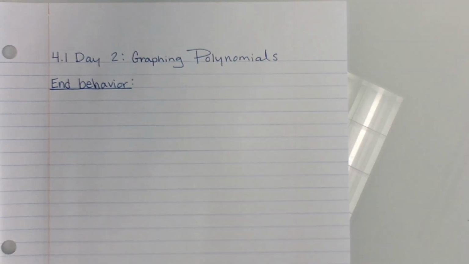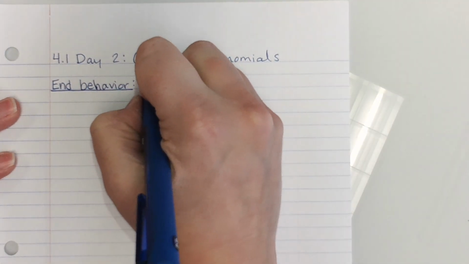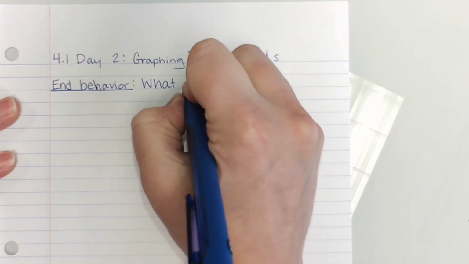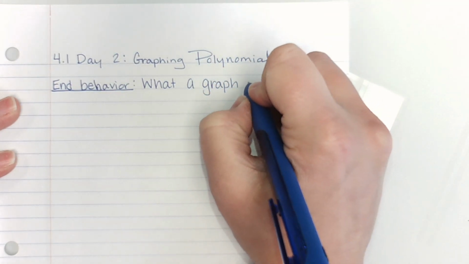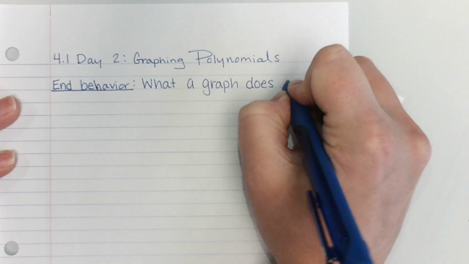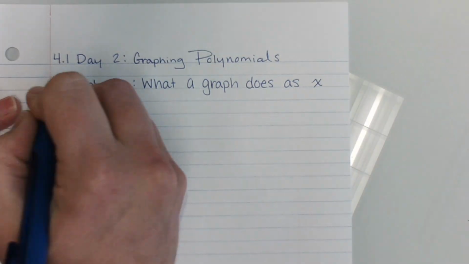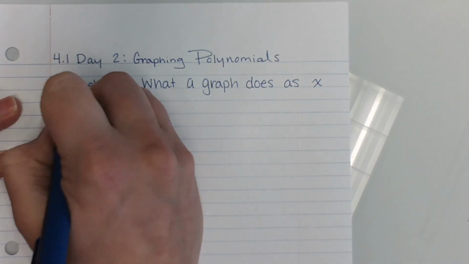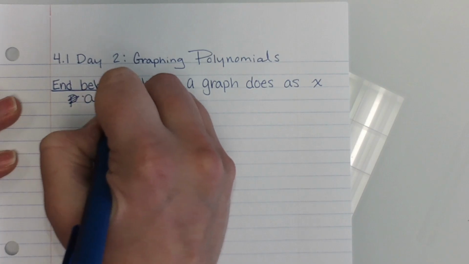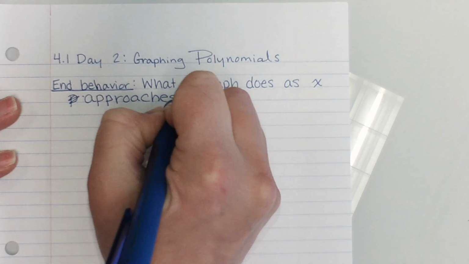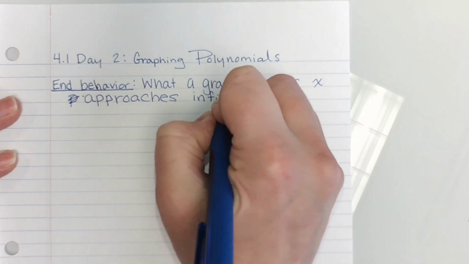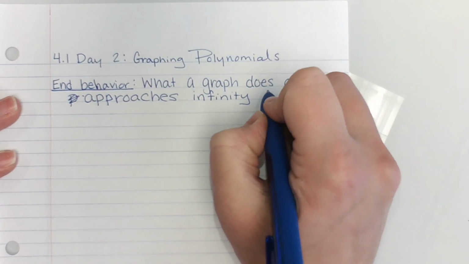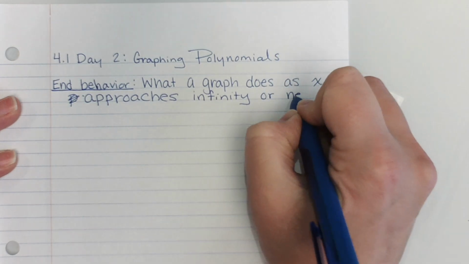End behavior is what happens on the far ends of the graph, or what a graph does, as x approaches infinity or negative infinity.